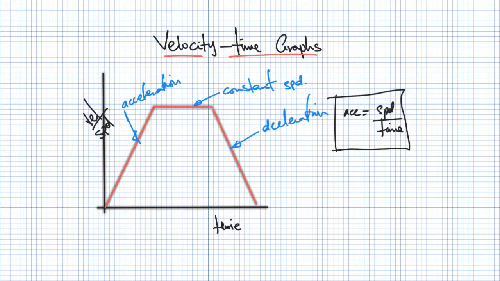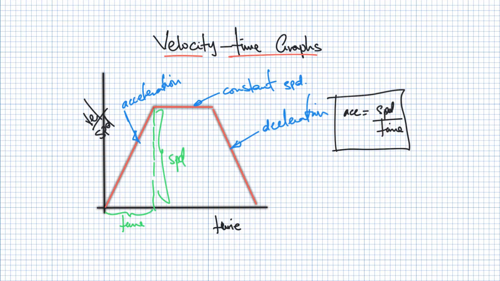All right, so while I'm here, I might as well do a few things to define what we're going to do. So for example, I've mentioned that acceleration and deceleration is calculated by the rate of change of speed over time. So basically what you're actually doing, if I do speed, how far something has traveled, and I divide it by time, can you see that what I'm actually doing is finding the gradient of this line, rise over run?